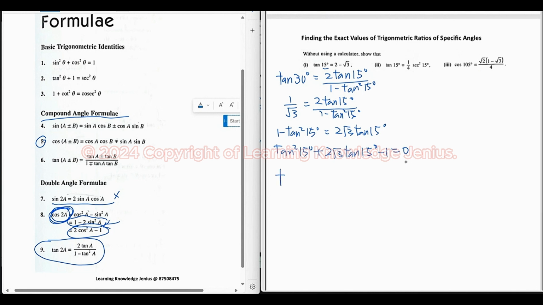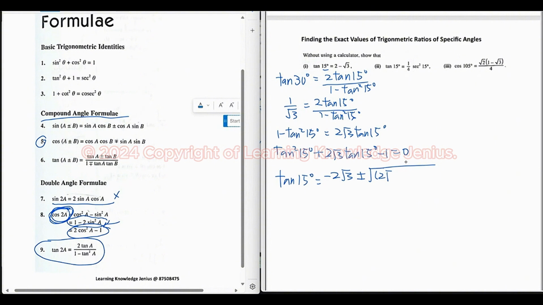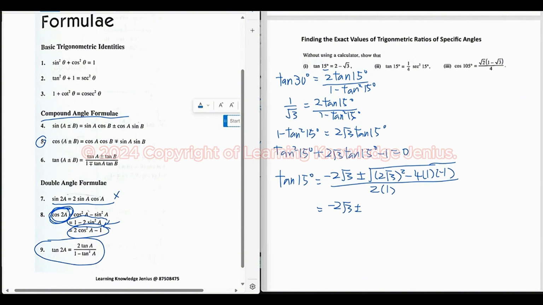So you get tangent 15 is equal to negative b, plus minus the square root of b square minus 4ac, divided by 2a. The b square minus 4ac you can just punch into the calculator.